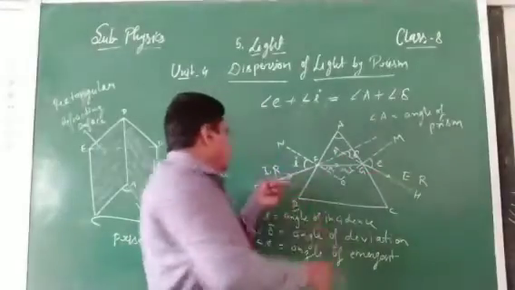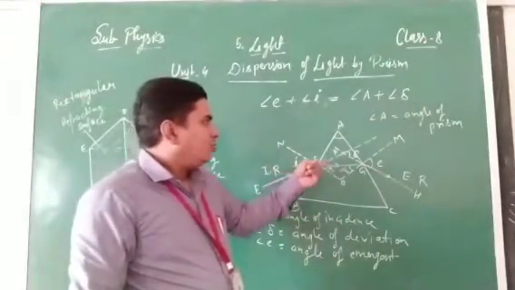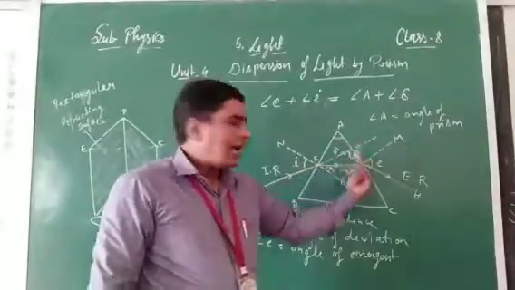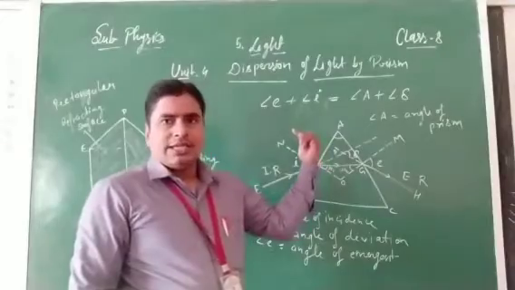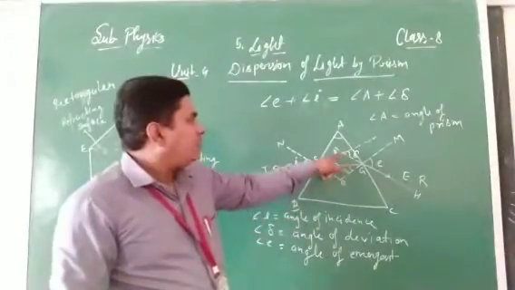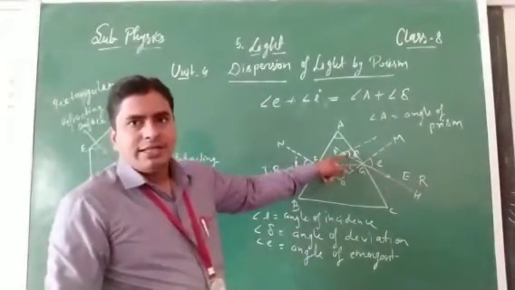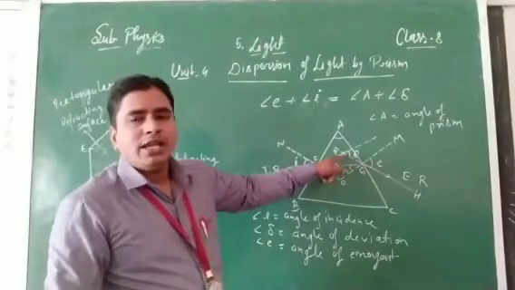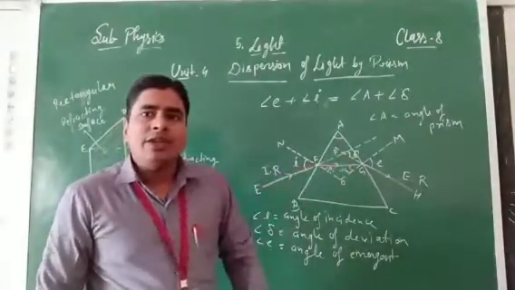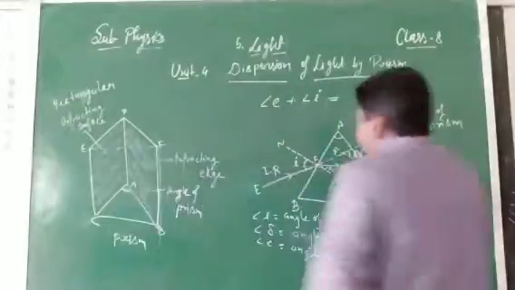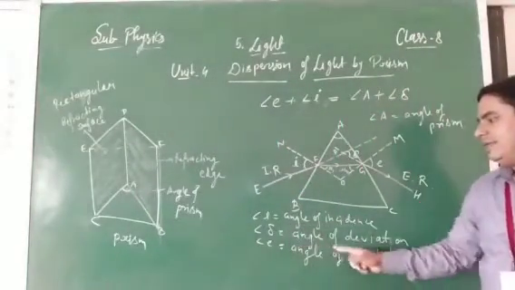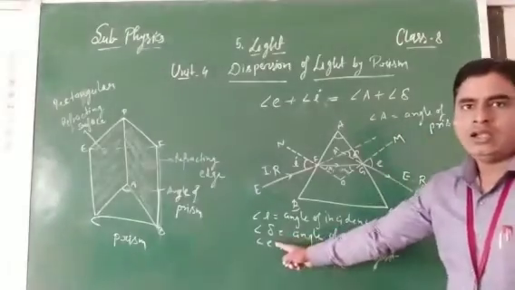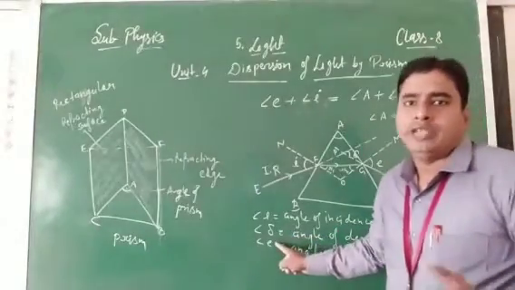So they will meet each other at point E. They will intersect each other at point E. Then again they will form a new angle. It is called the angle of deviation delta, del. It is called del, or it is given in the book as D.